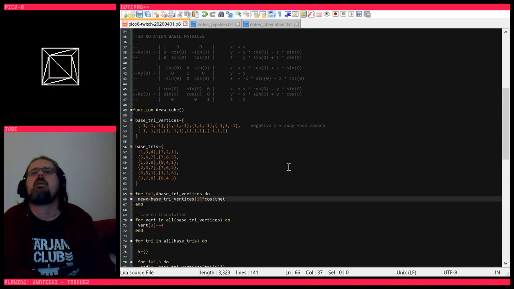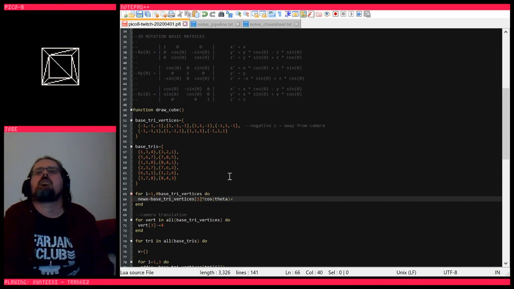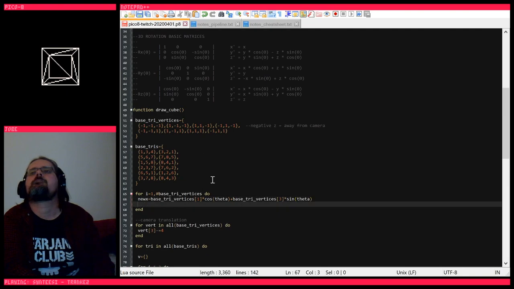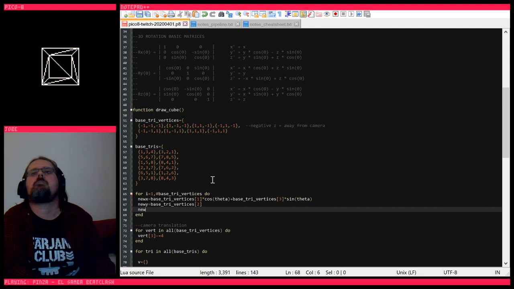We're going to define theta later, plus z times sine theta, and y is just going to be y, and z is going to be minus x times sine theta plus z times cosine theta.